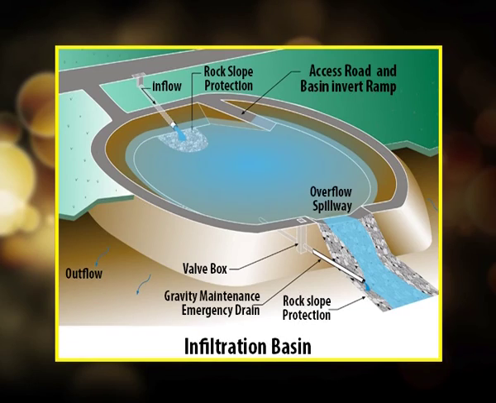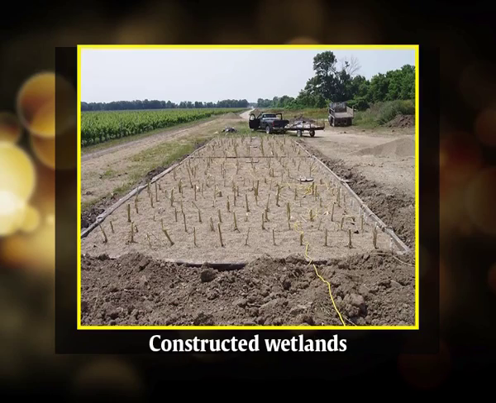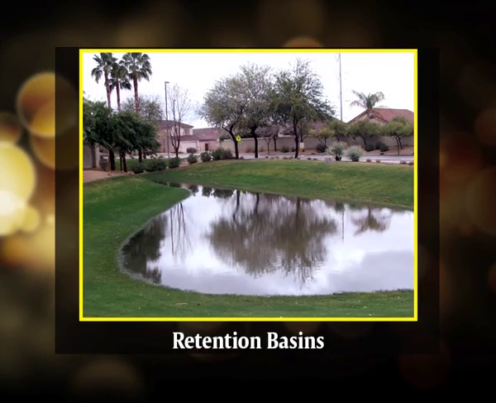Runoff mitigation systems include infiltration basins, bioretention systems, constructed wetlands, retention basins and similar devices. Thermal pollution from runoff can be controlled by stormwater management facilities that absorb the runoff or direct it into groundwater, such as bioretention systems and infiltration basins.